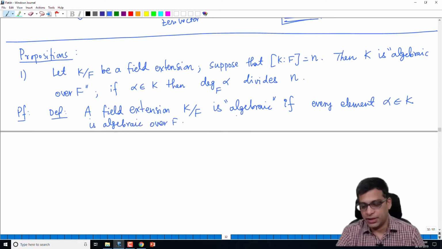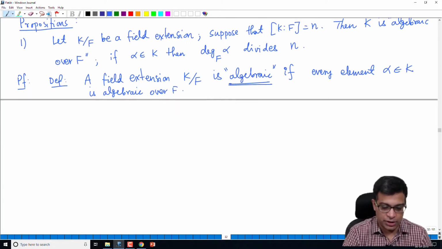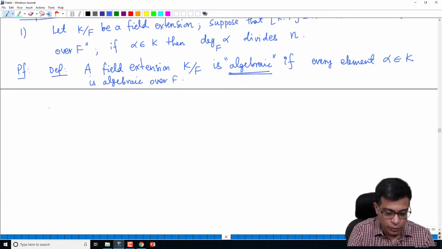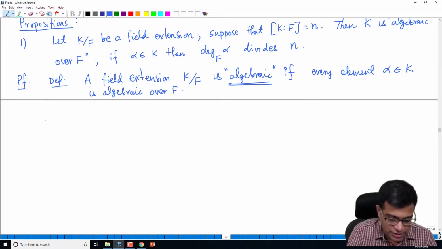So an algebraic extension is one where every element is algebraic. We have already defined the meaning for an element to be algebraic. So to prove K is algebraic over F, all we need to show is that every element of K is algebraic over F. Okay, so now this is very easy.